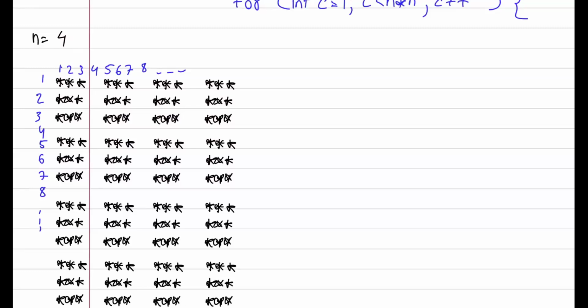In the column, 1, 2, 3 are not divisible by 4, and 4 is divisible by 4, so you print the space. Or you can just skip it. If the row is divisible by 4, just end line, go to the next line. You don't need to print anything.